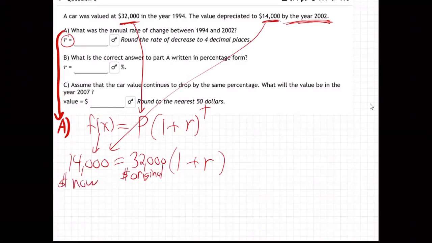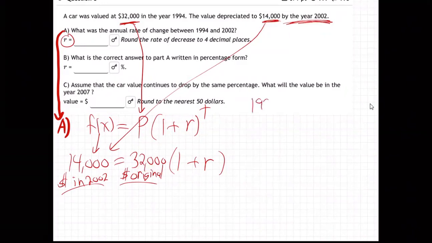It dropped by the year 2002, the dollars in the year 2002. You see what we're saying there? So f of x, the 14,000, that's the dollars in the year 2002. This is the original. And the t, how much time?